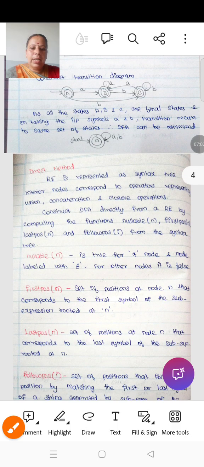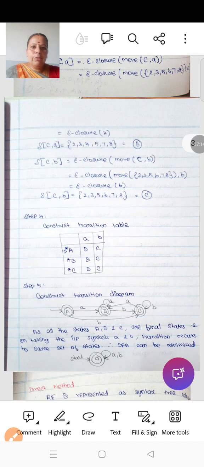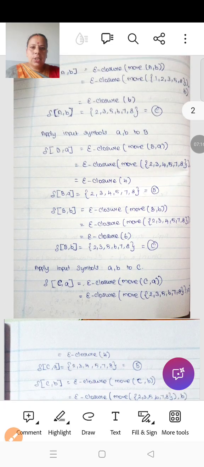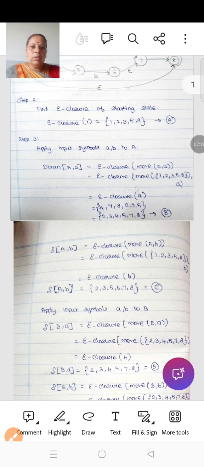Here you have a single state A with input symbols a comma b moving to the same state. So this is how we convert the regular expression into a DFA using the Thompson construction method. Thank you.